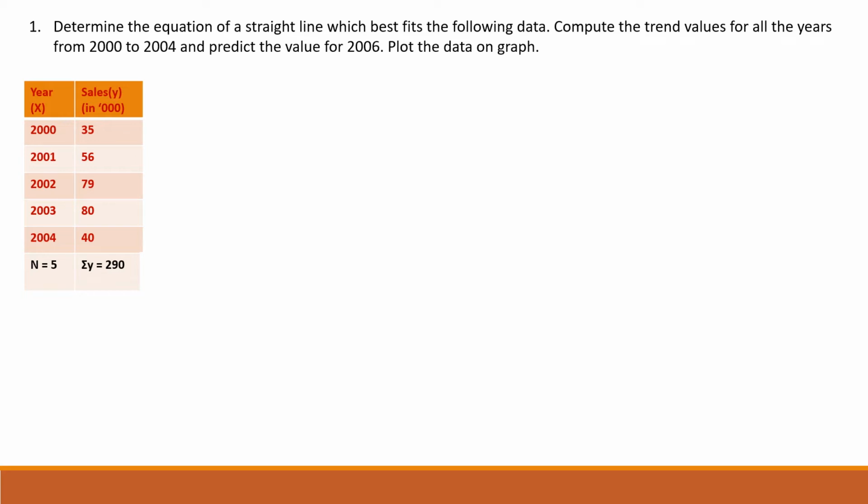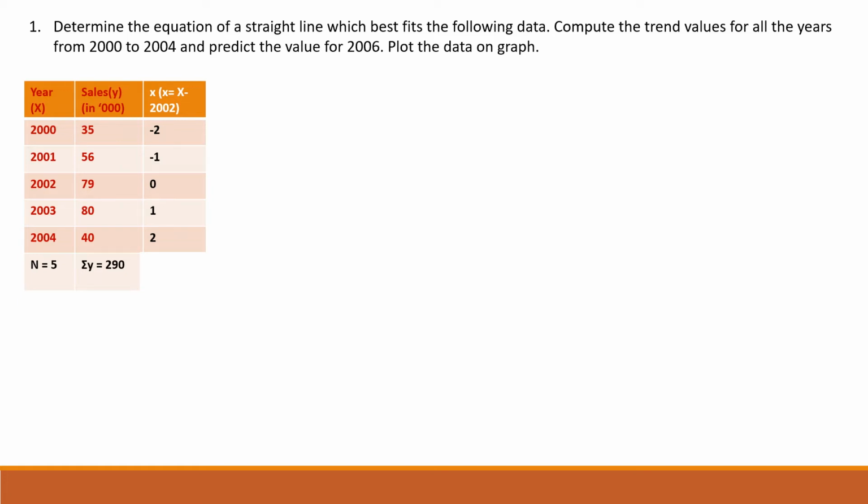Next we have to calculate summation x. For that we have to calculate x first, for each year. So small x equals capital X minus 2002, where capital X represents the year. The 2002 is the origin point of time. Normally we take the midpoint of time as the origin because it will make summation x equal to 0.